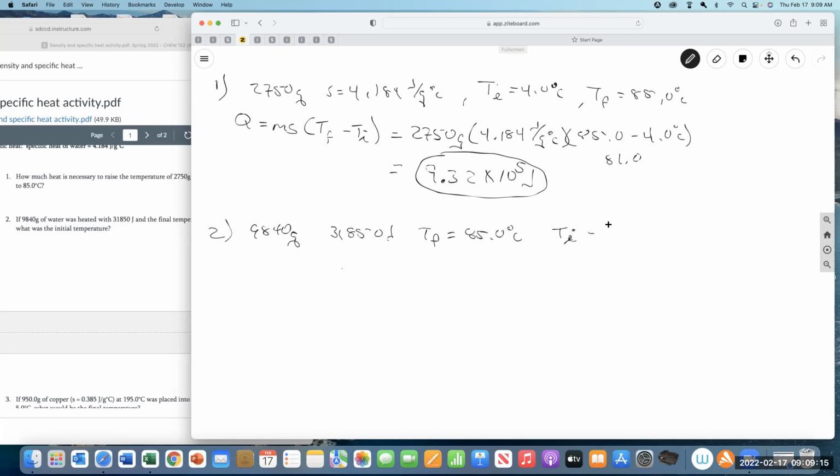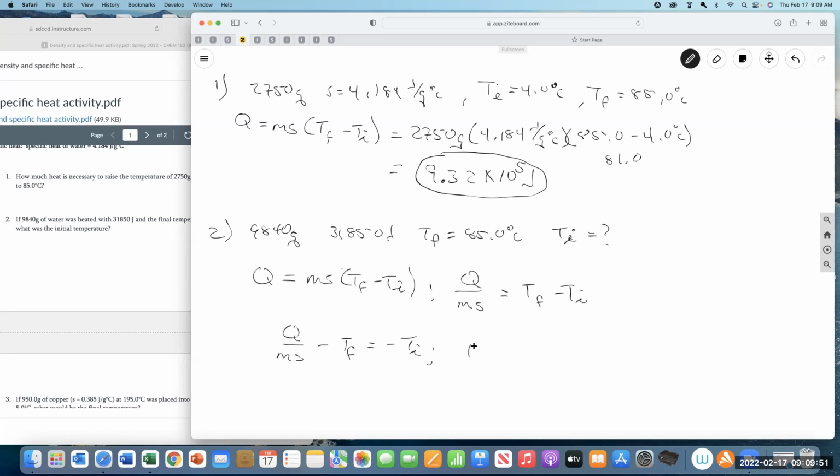You can rearrange the equation first if you want. So that means Q, I'm going to divide each side by MS. Q over MS will be TF minus TI. So if we go Q over MS minus TF will be negative TI.